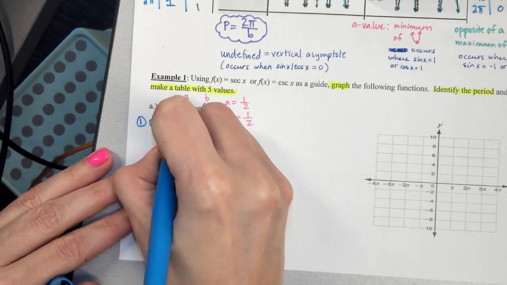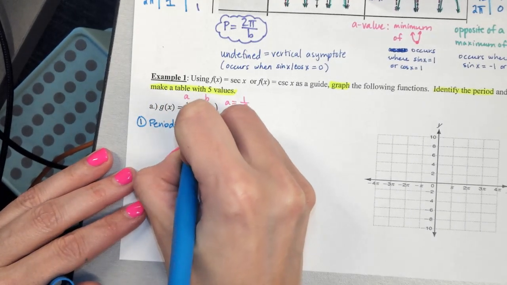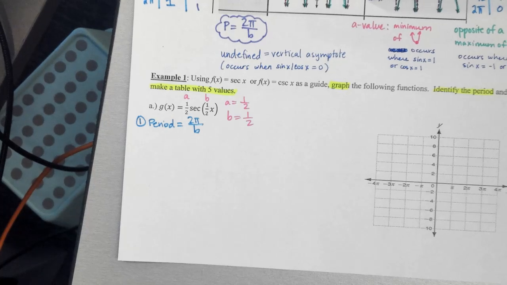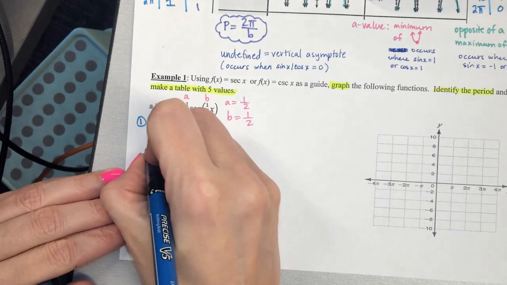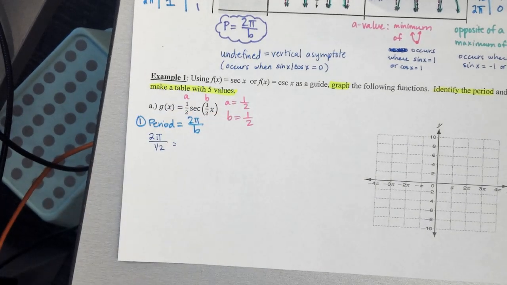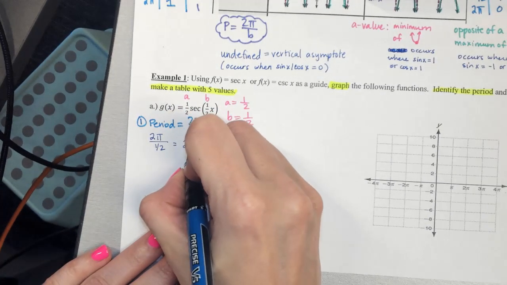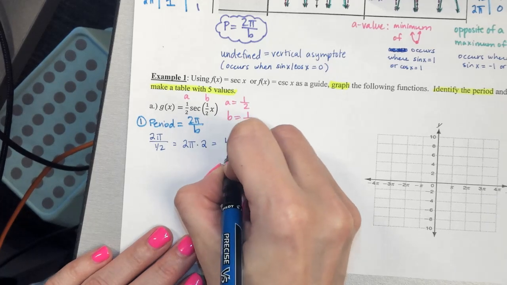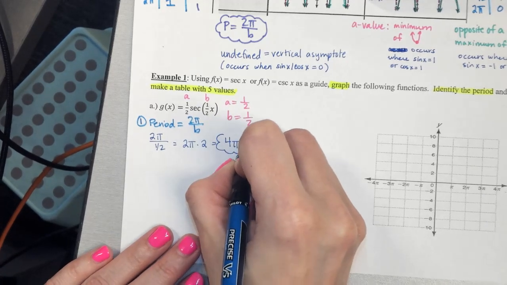And we know the period is equal to 2 pi over b. So 2 pi divided by 1/2 is, what's 2 pi divided by half? 4 pi, because you're just multiplying by 2, right? Okay, so that's going to be your period.